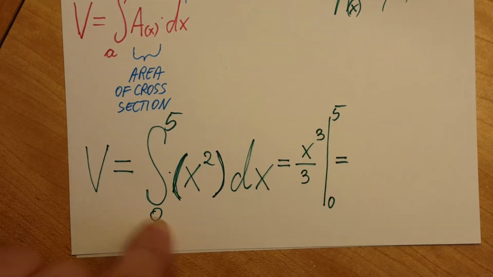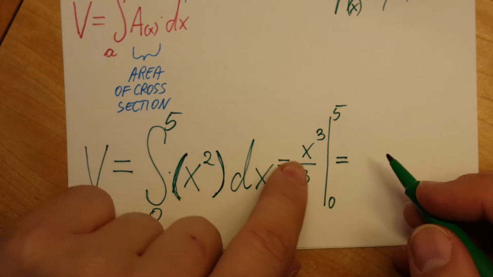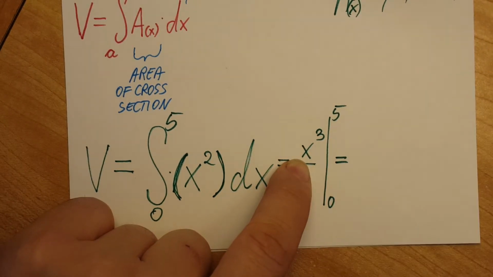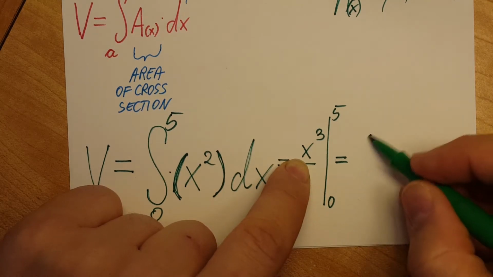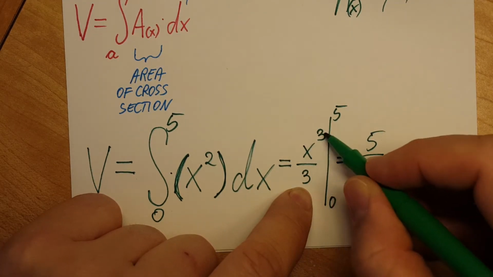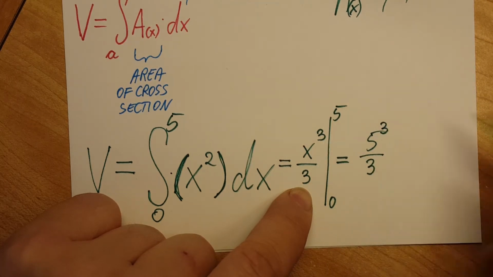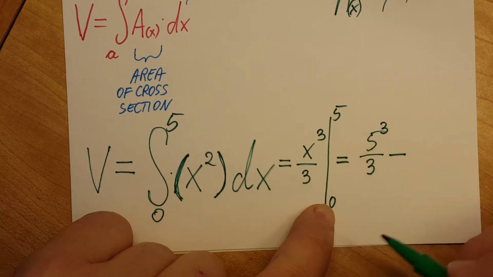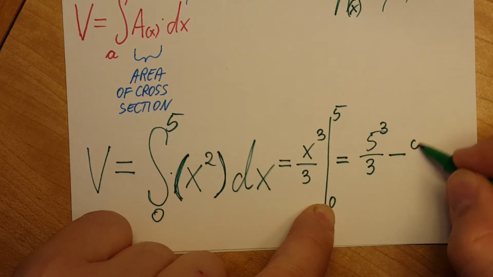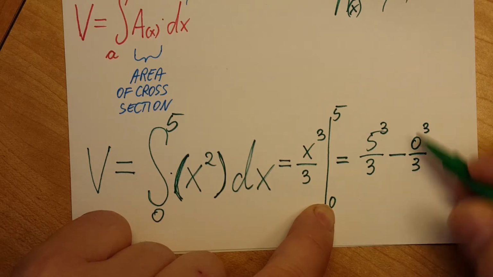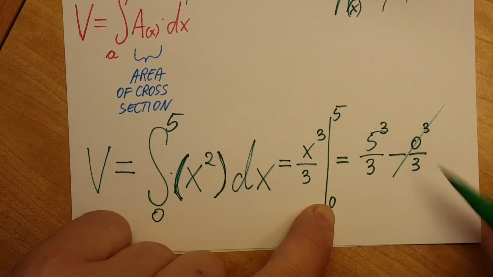We're going to plug in the 5 in the place of the x. So 5 cubed over 3, minus, now it's the 0's turn. We're going to take the 0, plug it into the x. So it's going to be 0 cubed divided by 3. This whole part is gone, it's 0.